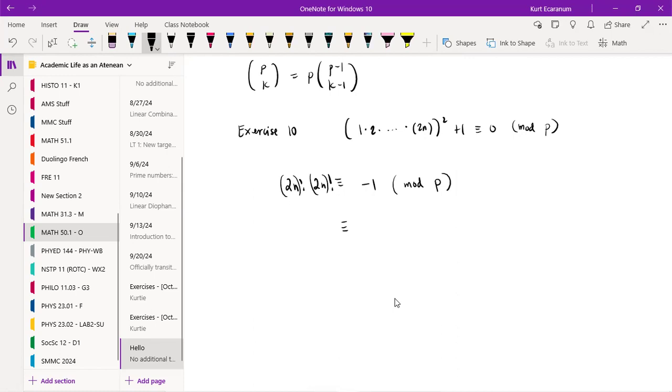And if it's negative 1 modulo p, then this is also equivalent to p minus 1. But then n is in the form 4n plus 1, so 4n factorial.